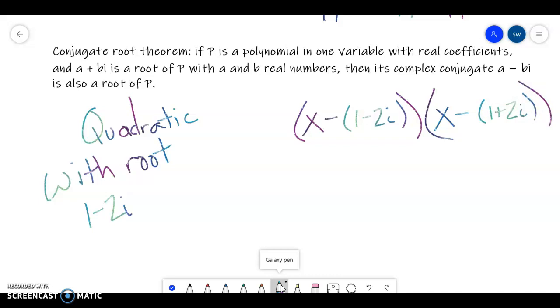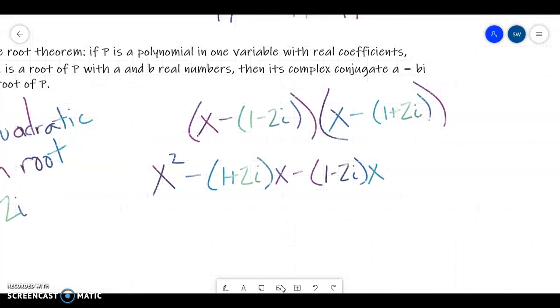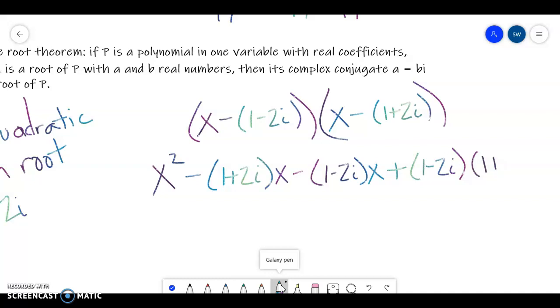Now, if we multiply this all out, we will get a quadratic without any imaginary components. So let's do that. We have x squared, then x times (-1 plus 2i), and then (-1 minus 2i) times x, and then plus (1 minus 2i)(1 plus 2i).